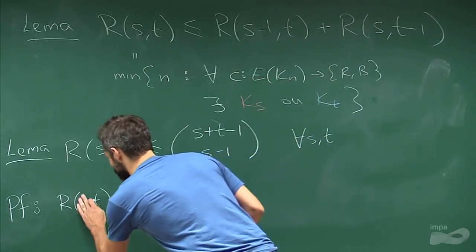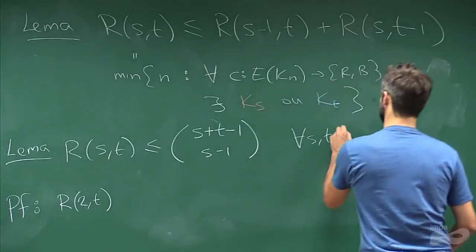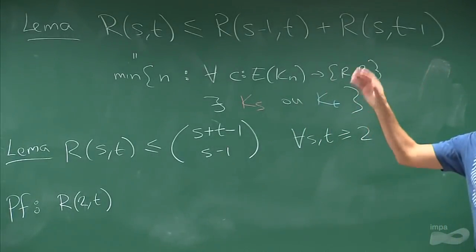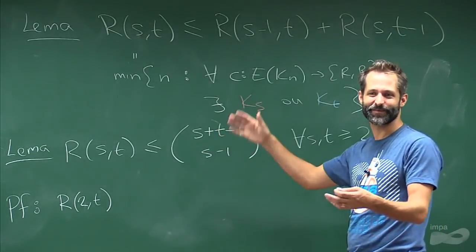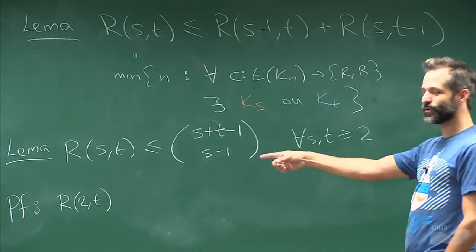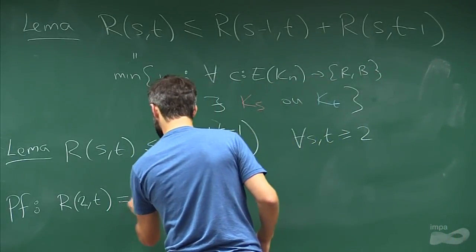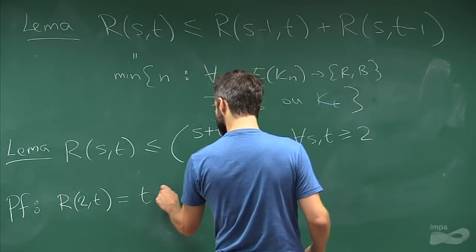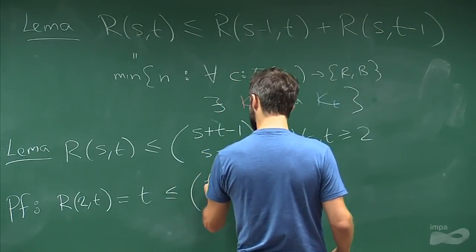Maybe it's a bit too trivial. Let's do R(2,t). I mean, 1 is also true because it's 1. R(2,t) is t, which is at most (t+1 choose 1), even smaller than this.